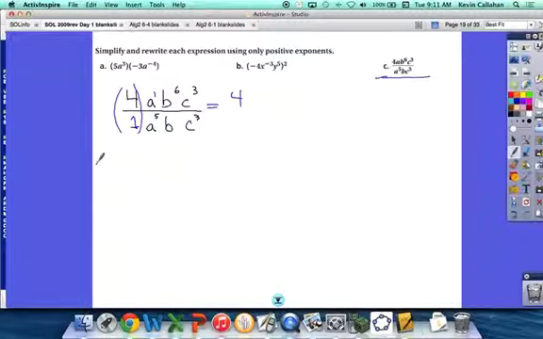We'll use the subtraction rule and just say 1 minus 5 is negative 4. And 6 minus 1 is 5. And 3 minus 3 is 0. Okay, so that is 4b to the 5th over a to the 4th.